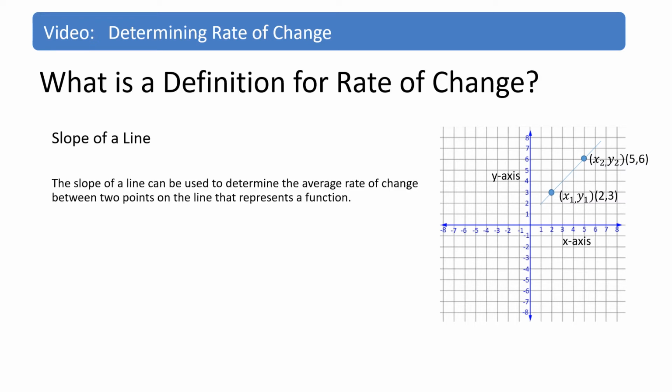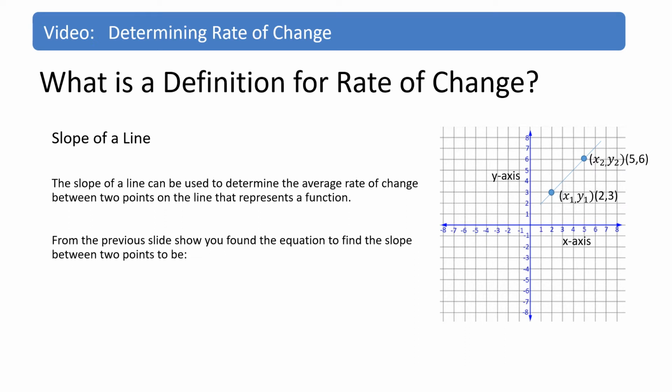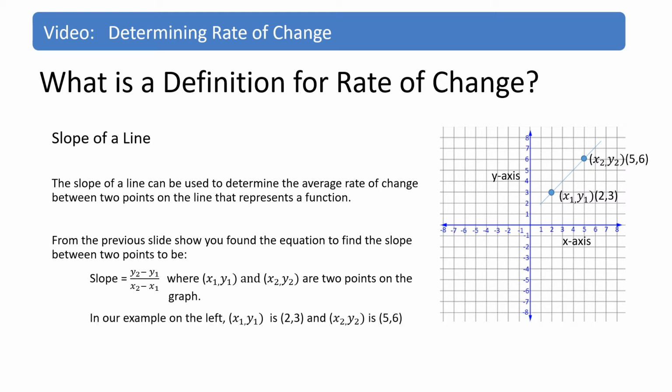So the slope of a line can be used to determine the average rate of change between the 2 points on the line that represents the function, as given in our diagram. From the previous slideshow, you can find the equation to be given by the formula slope equals y2 minus y1 divided by x2 minus x1, where x1, y1 and x2, y2 are 2 points on the graph as shown in our diagram.